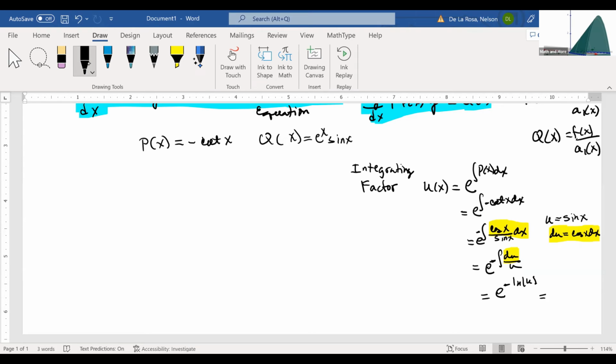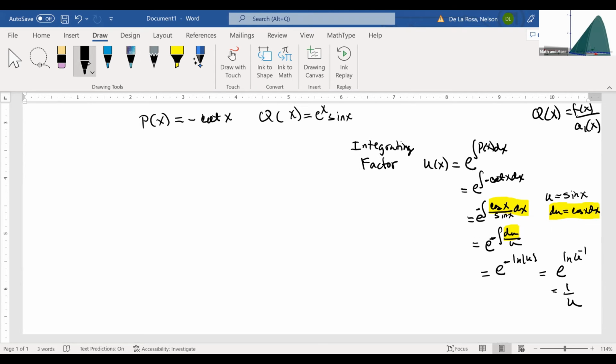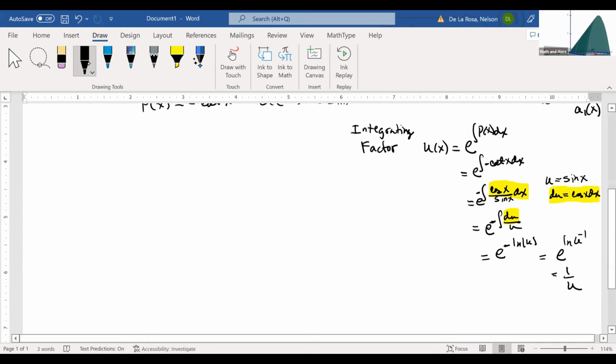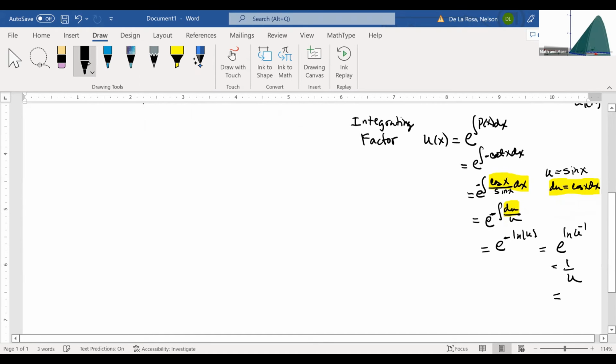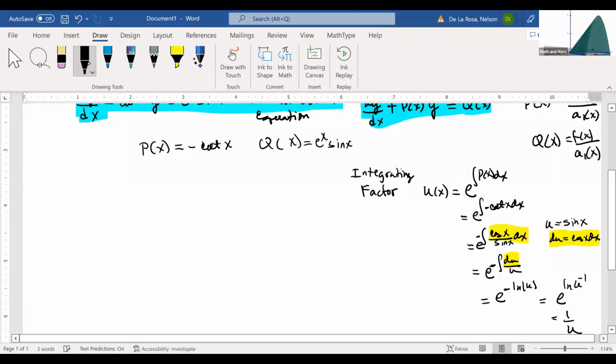Let's assume u is positive, and then we can rewrite it as e to ln of u to negative 1. The exponential and the log cancel each other, so we have 1 over u. Replacing back u as sine of x, the integrating factor is 1 over sine of x.